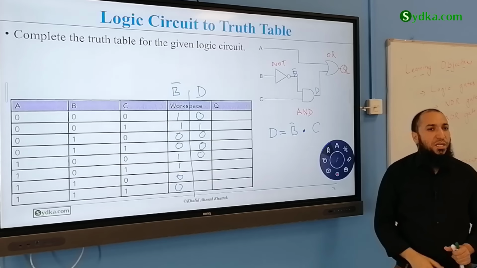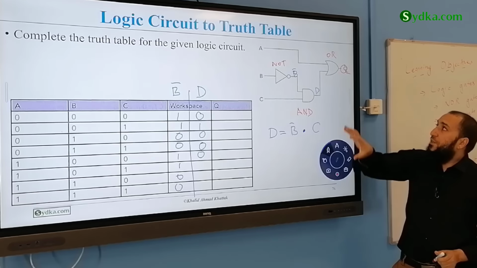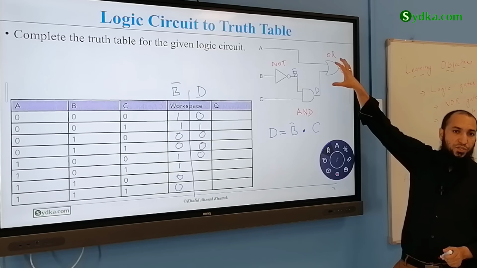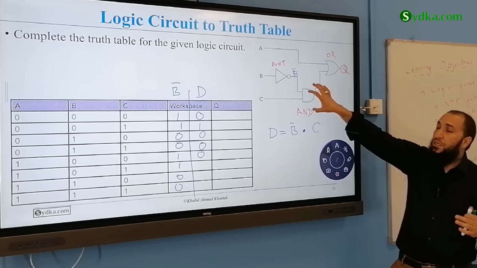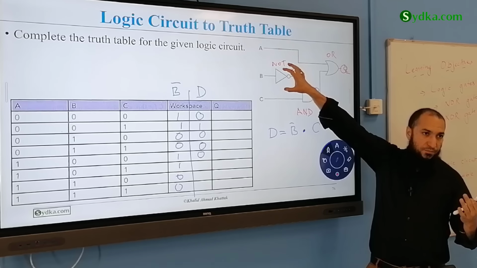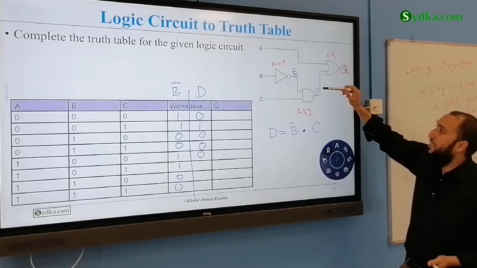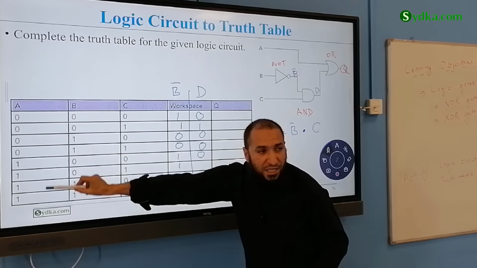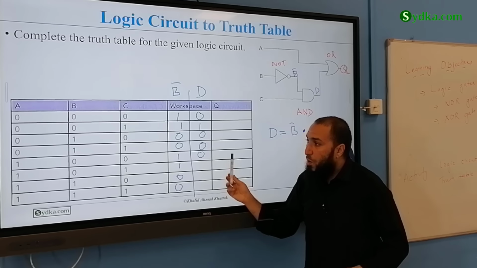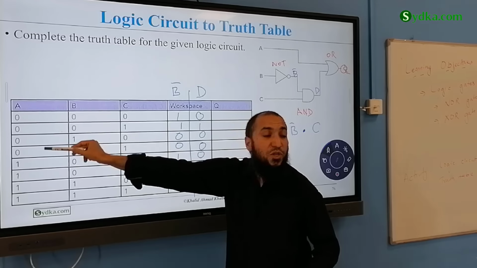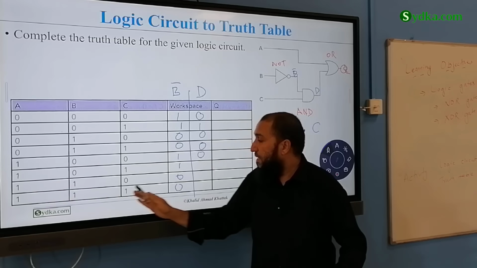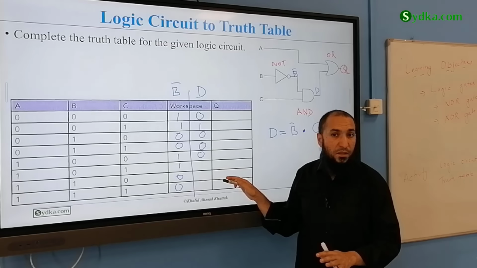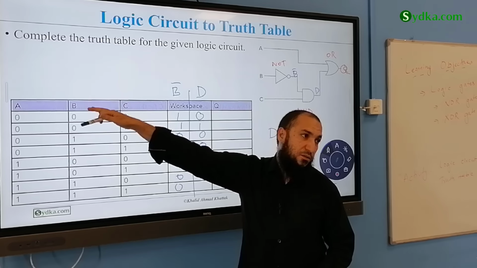Okay, good question. The OR gate comes the last stage. The AND gate comes the one before that. And the NOT gate comes first. You are half right. For this one we can put 1 from now, but the top ones we don't know yet.